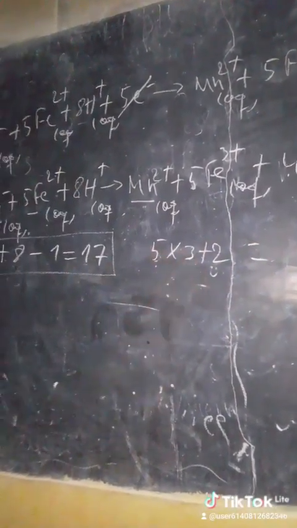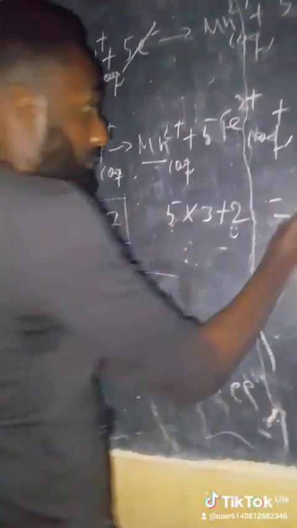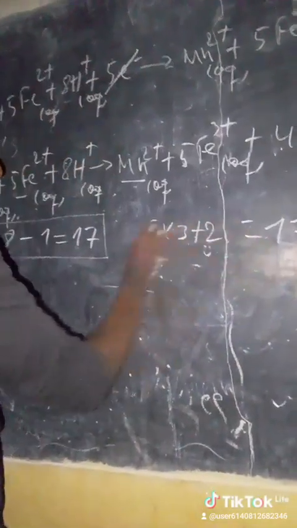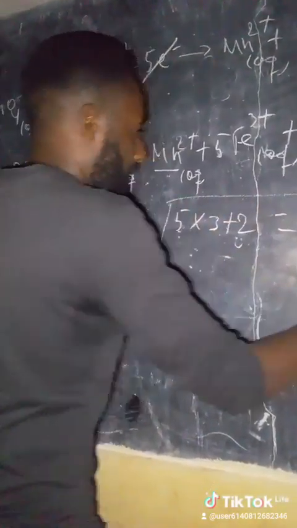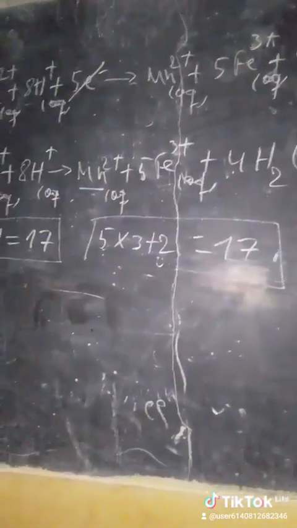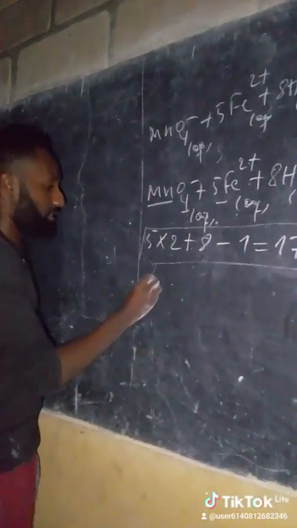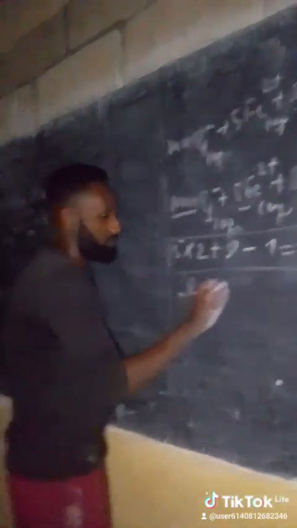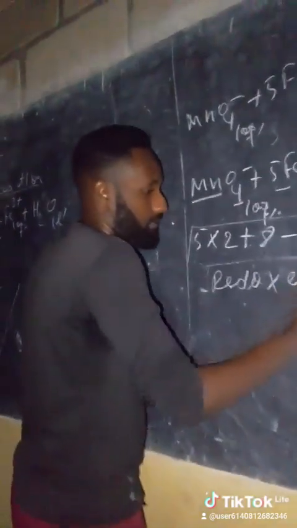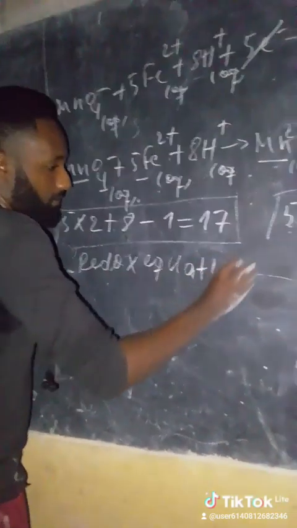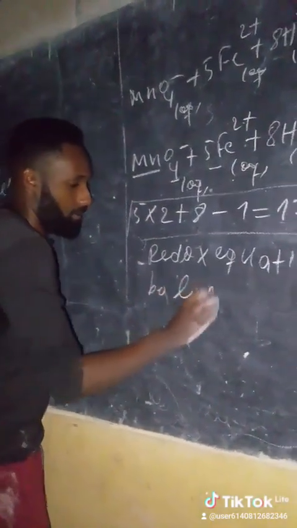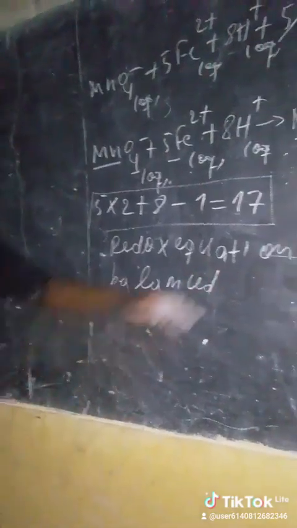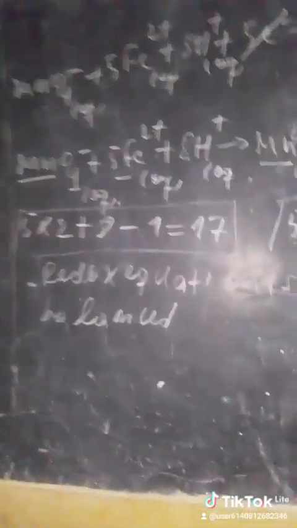So 5 times 3 is equal to 15 plus 2 is equal to 17. The charges are equal, 17. Our redox equation is balanced. So when you go to balance a redox equation, you can use half equations.